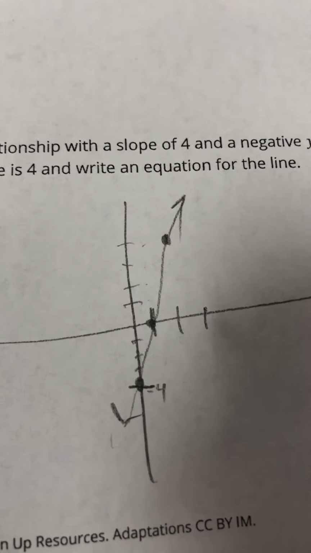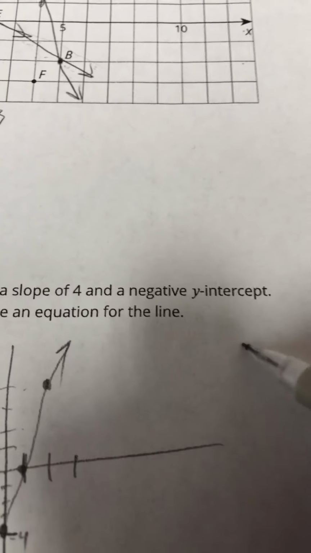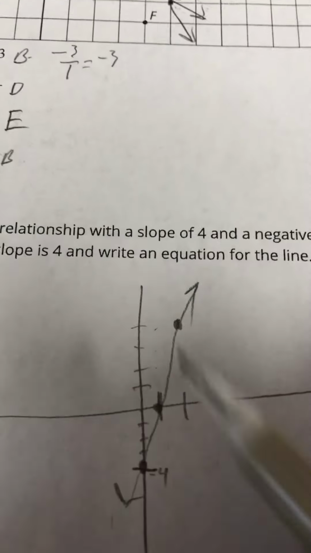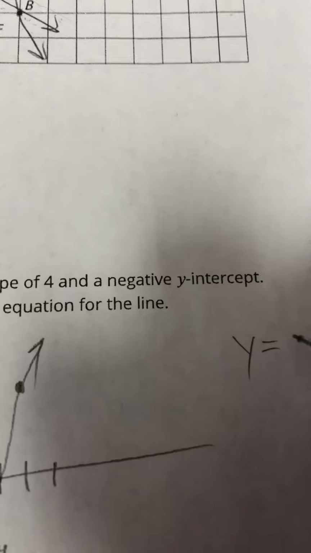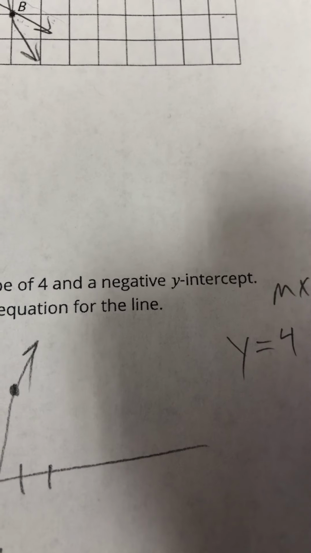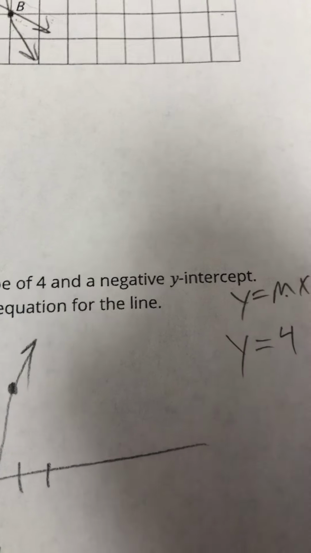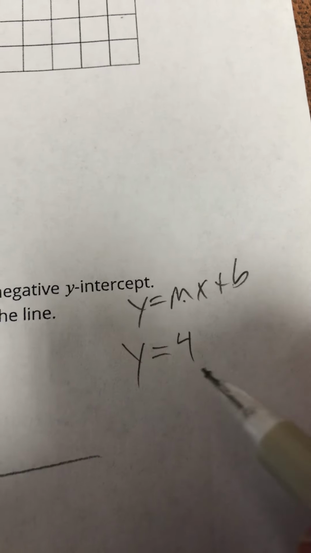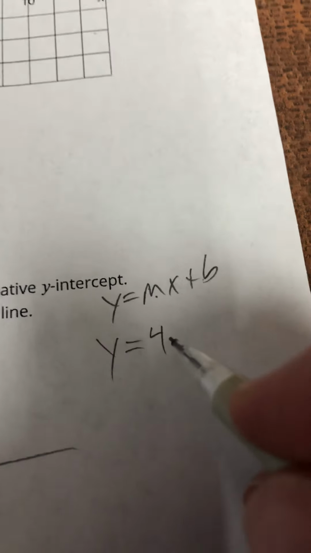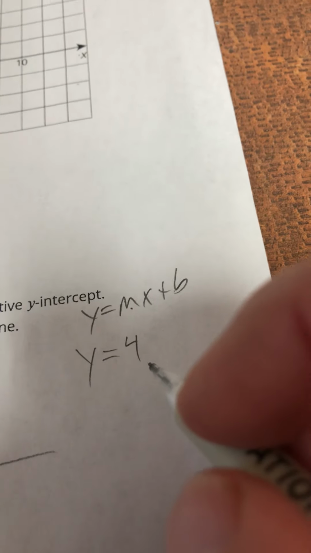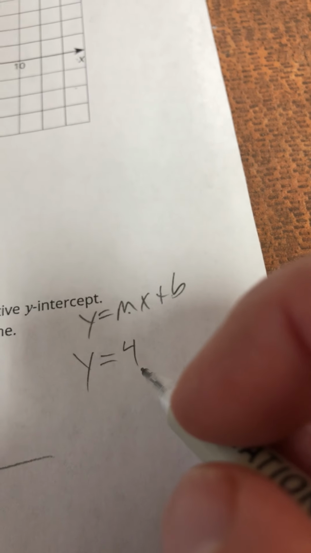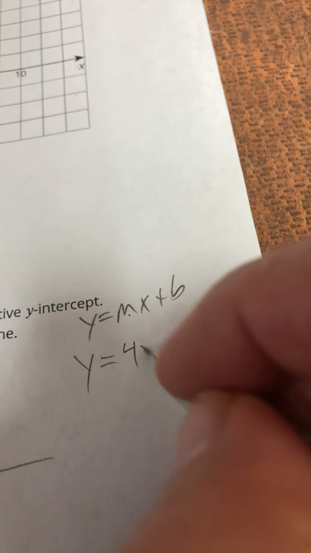The equation for the line is going to be y equals, what's my slope? My slope is 4. Remember, it's mx plus b, where m is the slope and b is the y-intercept. So 4x.